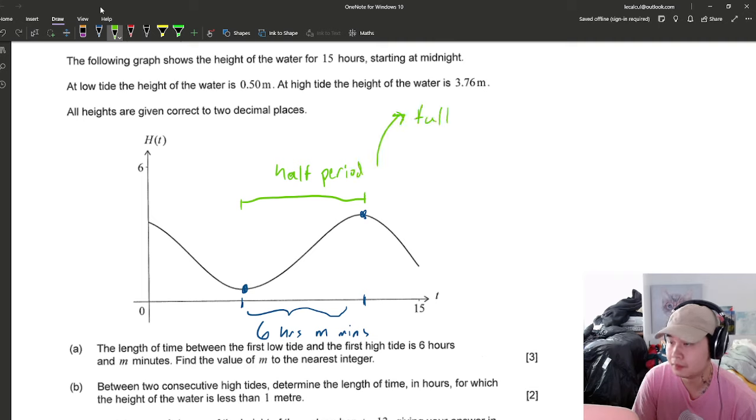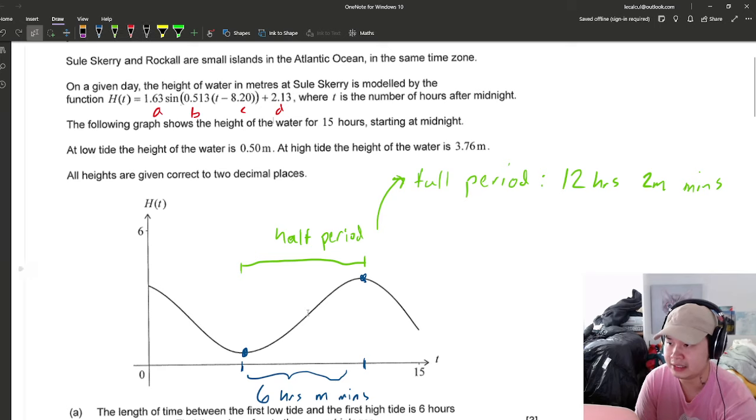Now, we know exactly how long the period is because we have the equation of the height of the water. So there are four constants and coefficients: A, B, C, and D. They all do something or are related to something in this wave. However, we're really only interested in B. B is related to the period.